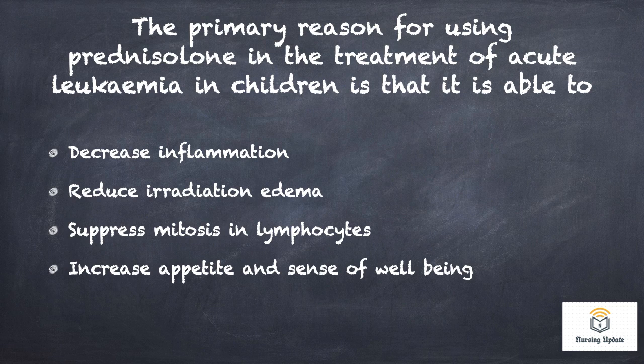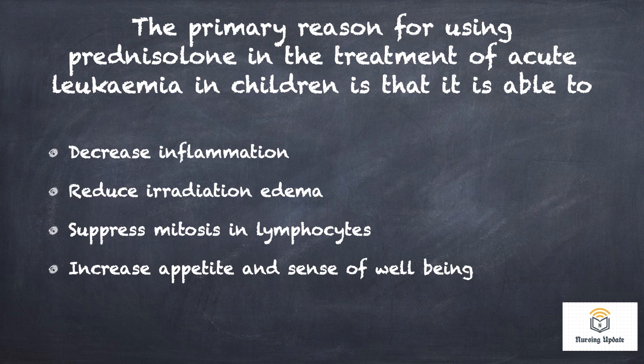The primary reason for using prednisolone in the treatment of acute leukemia in children is that it is able to. What is prednisolone? A steroid. So why are you using a steroid in that specific condition? Option A, decrease inflammation. Option B, reduce irradiation edema. Option C, suppress mitosis in lymphocytes.